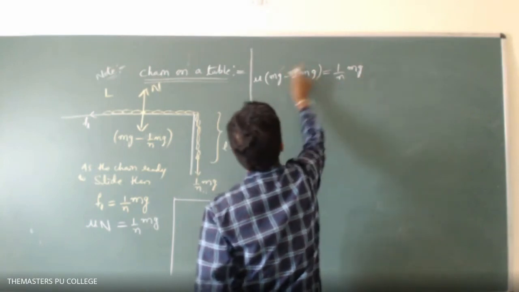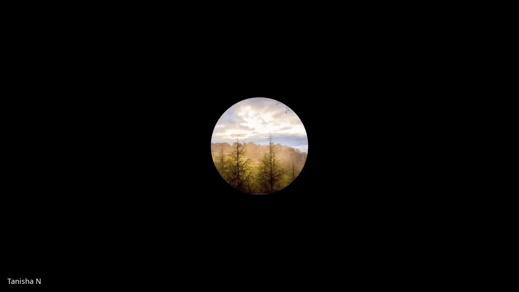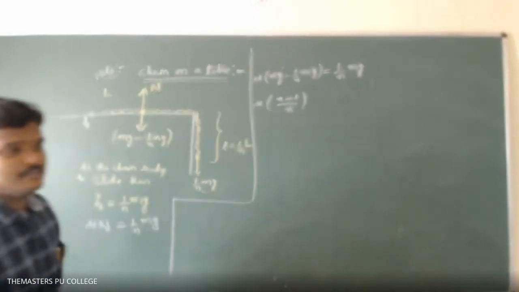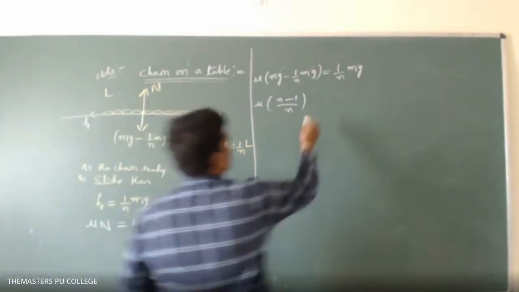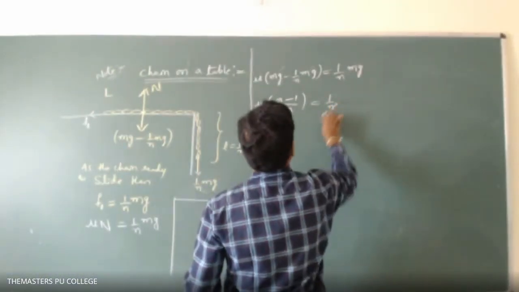So strike off mg. Mu into 1 minus 1 by n equals 1 by n. Anything wrong? So 1 by n, n cancels out.